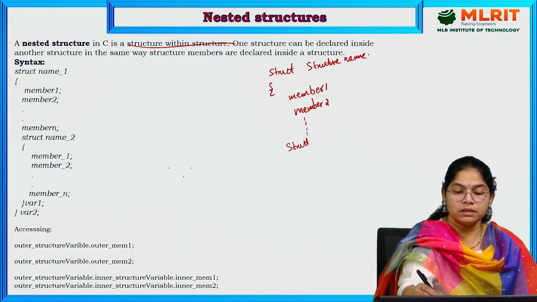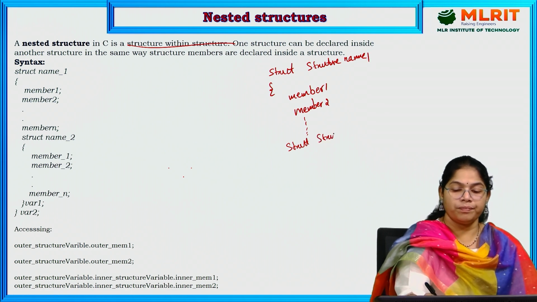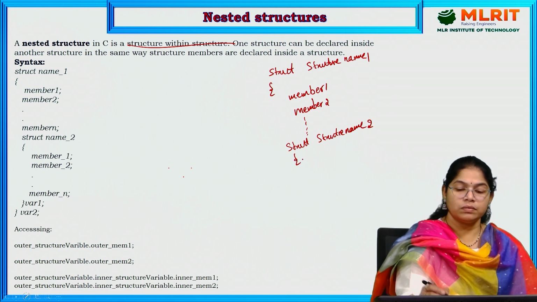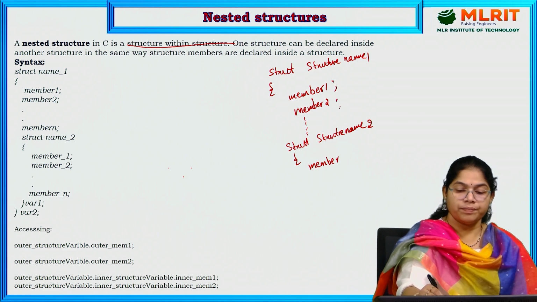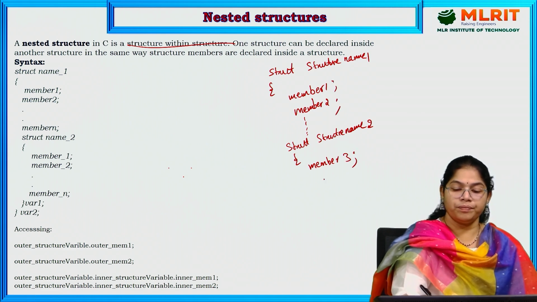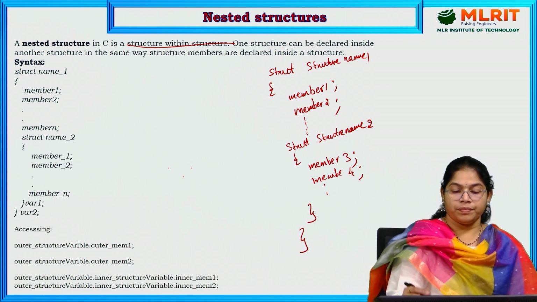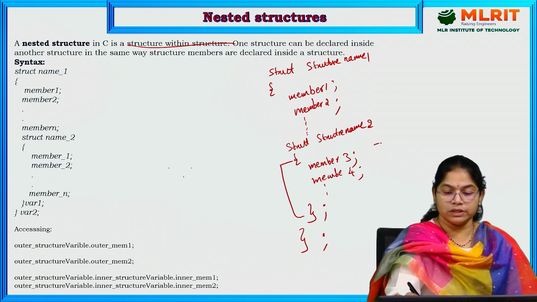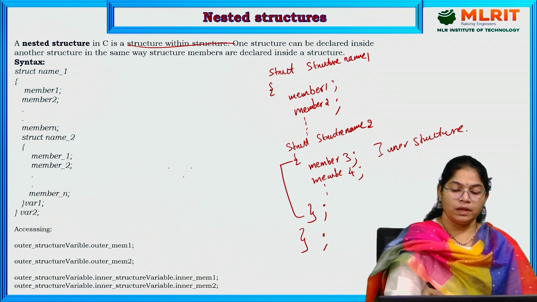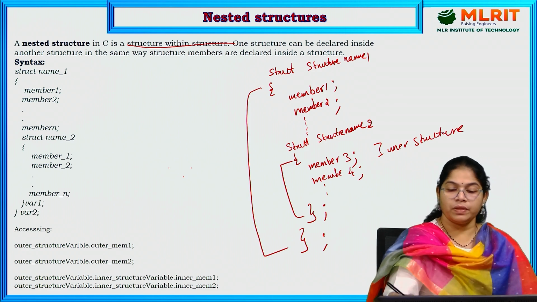Struct, this is structure name 2. Then here also we are having members: member 3, member 4, like this. And this is the inner structure, and this is the outer structure.